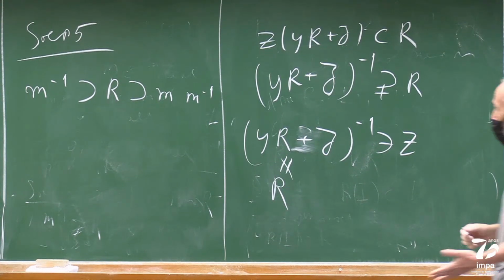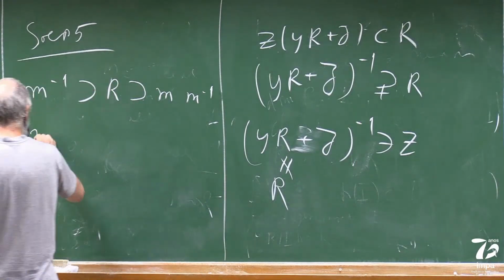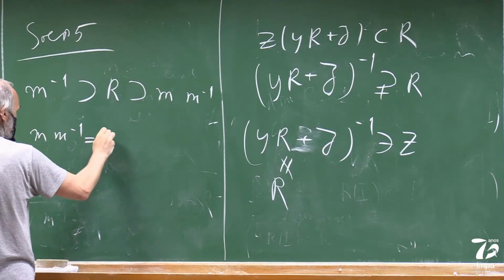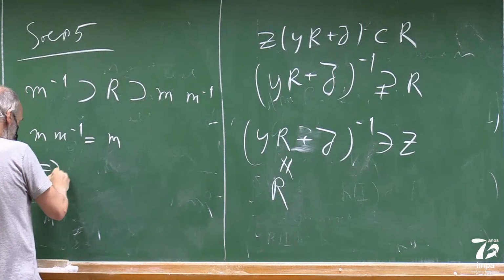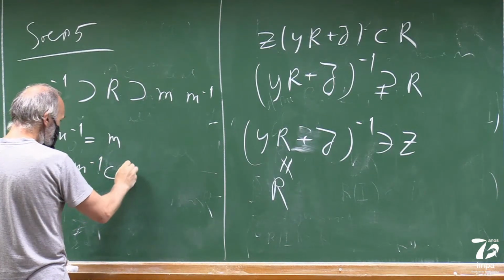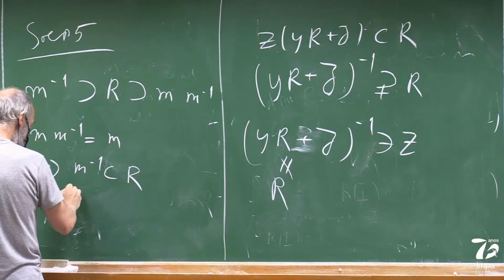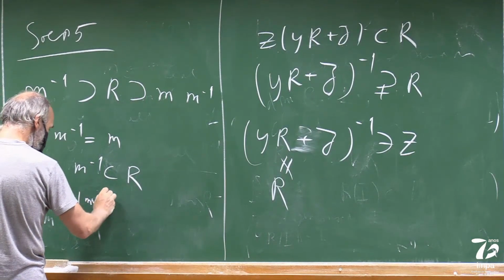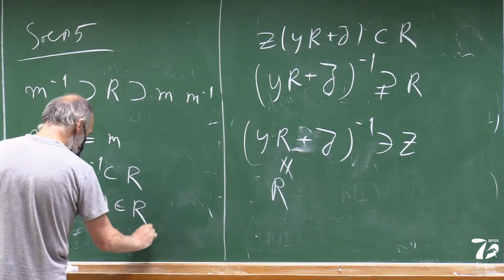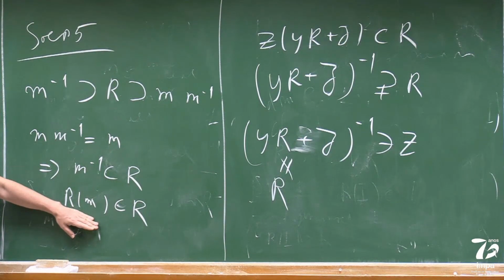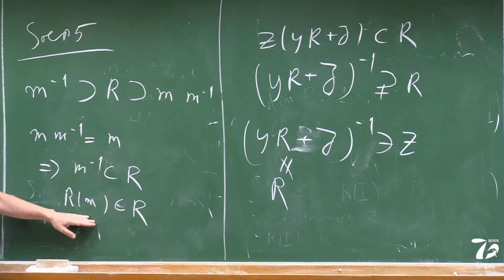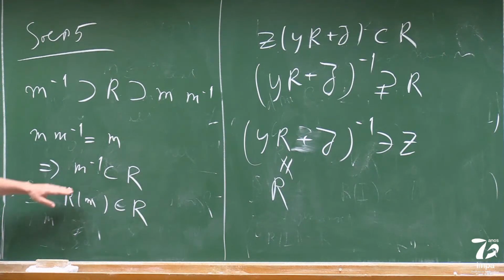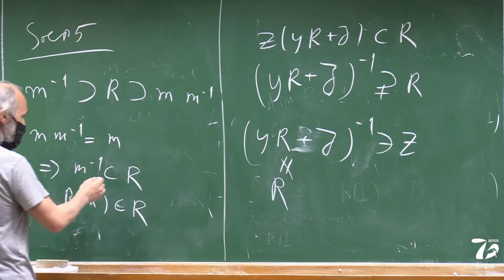And then if we have m inverse m equal to m, this implies that m inverse belongs to R. This is step 1. If you remember, we used that the set of x with xI in I, for any fractional ideal, is R. It follows from integral closedness. But this contradicts step 4. So this can't happen.